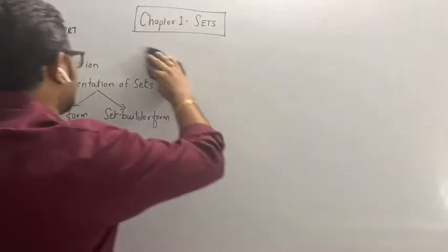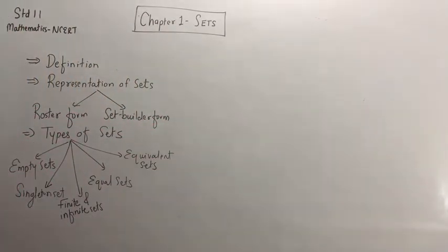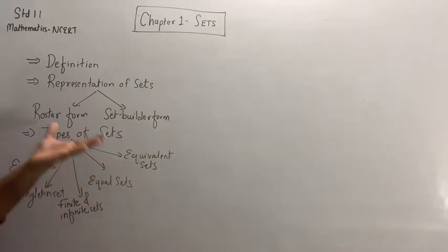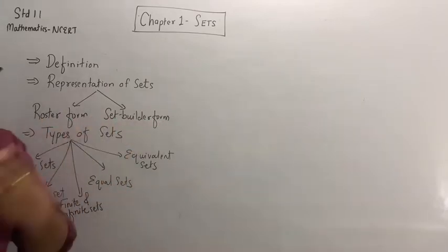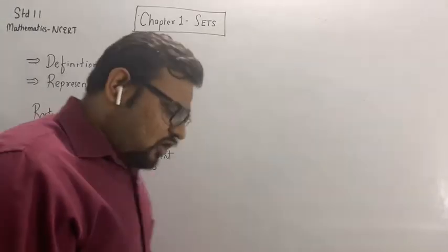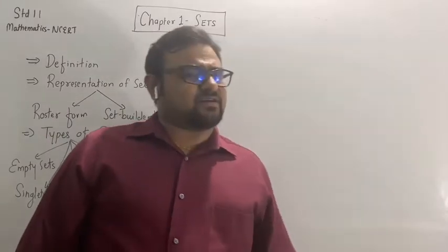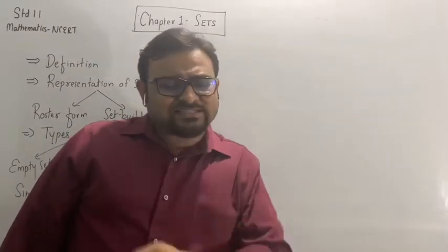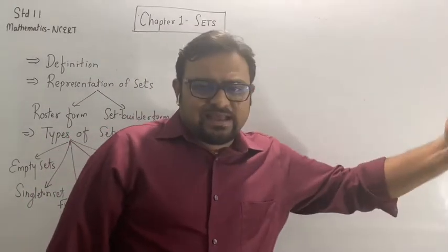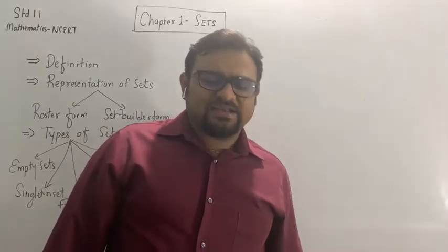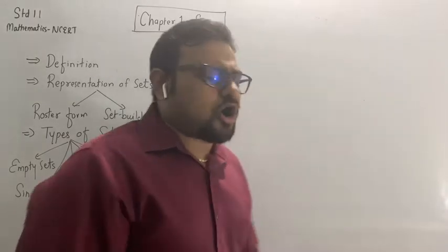Okay, now the next one, representation of a set. So there are two forms, roster form and set builder form. Roster form, also called the listing method, right? You are listing the elements in a curly bracket separated by a comma.